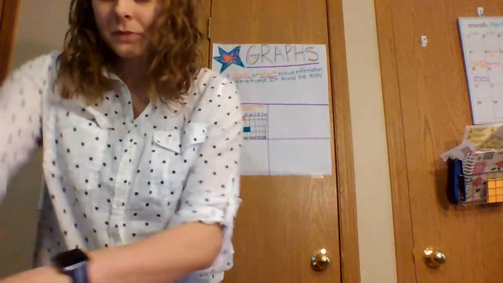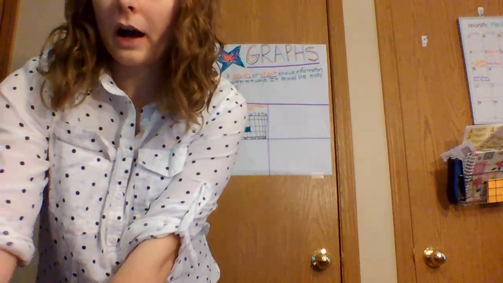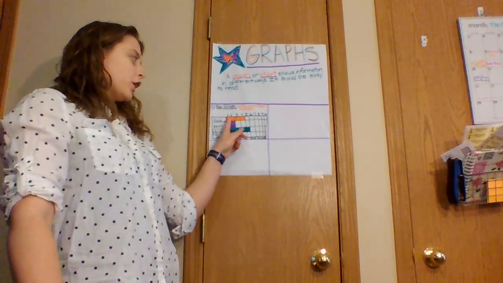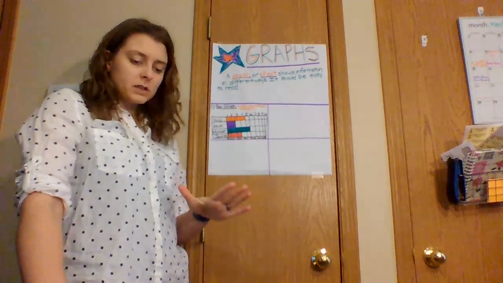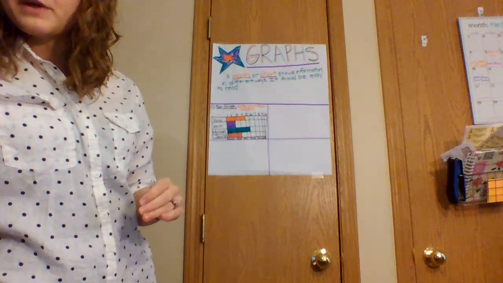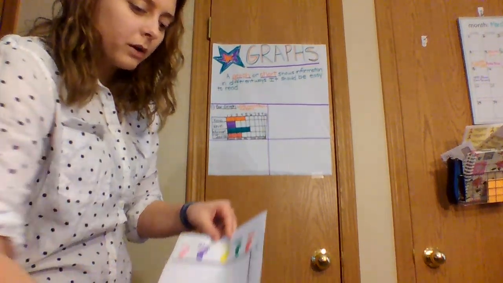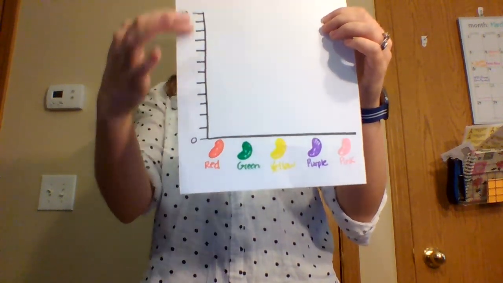So now, just kind of clean up your area, get ready to draw our graph. So for a bar graph, we are going to use different colored bars. So to do this, you count how many of each one that you have, and then you draw a bar from 0, which is at the bottom, up to however many you have.